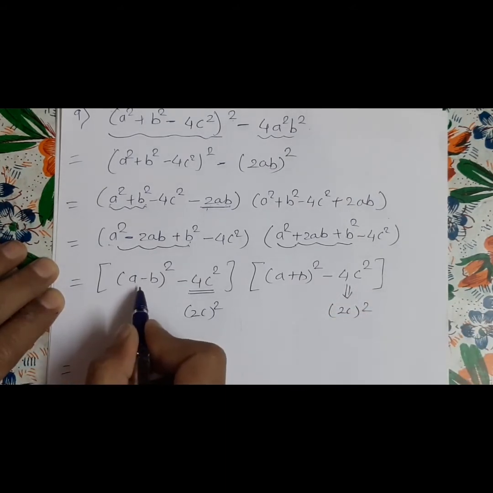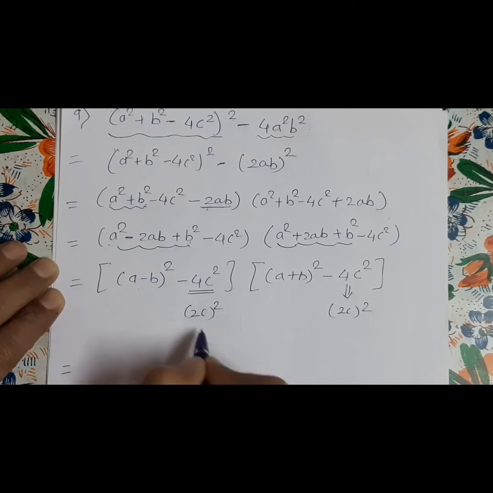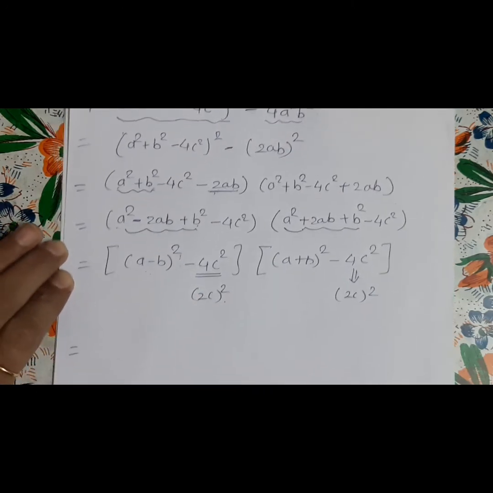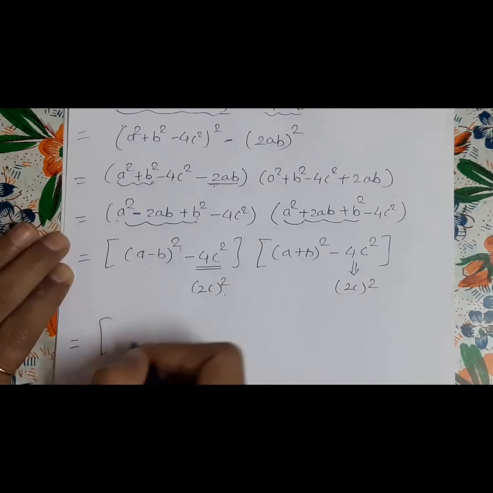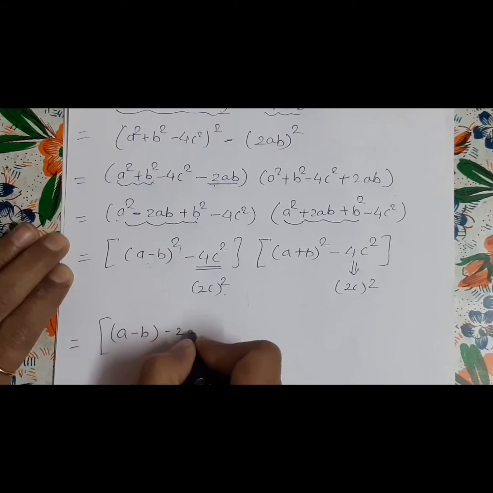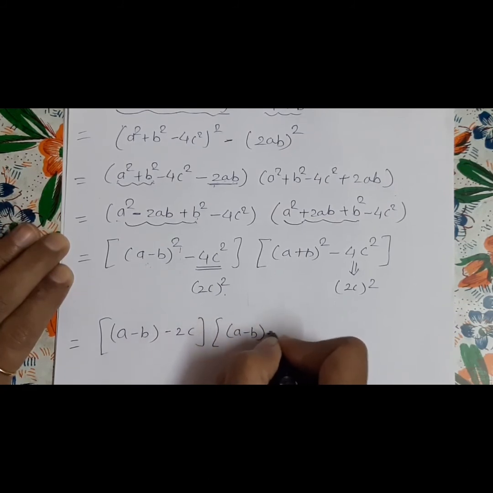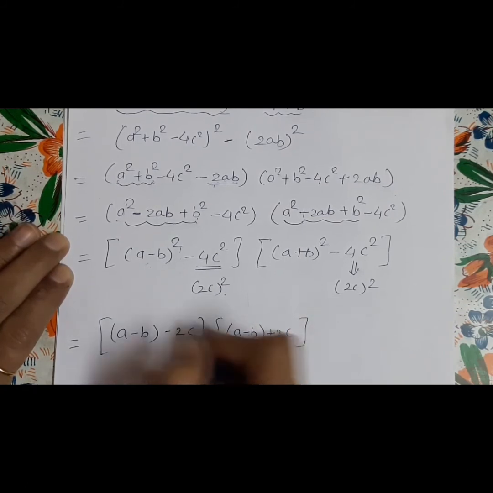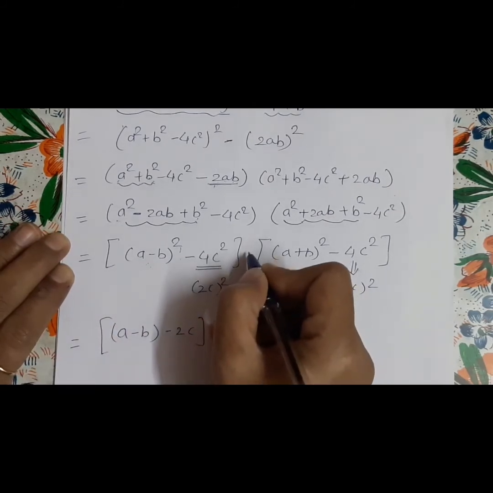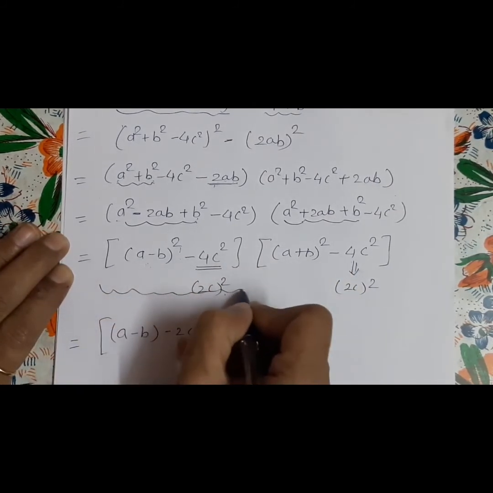Now again it is in the form of difference of squares, that is x square minus y square. So I'll write its factors x plus y into x minus y. X is a minus b, minus 2c, okay, minus 2c into a minus b plus 2c. Okay, this whole thing is related to this.